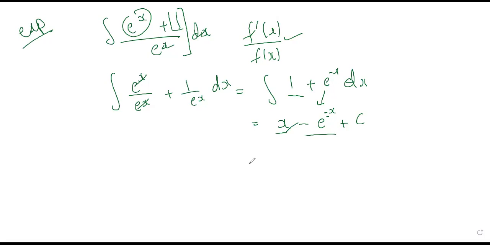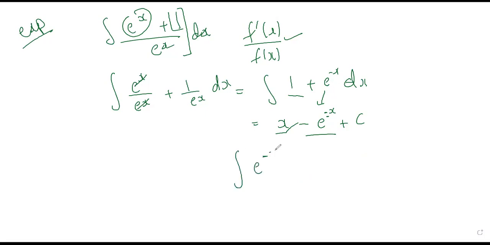Do you understand this now? The integral of e to the minus x dx, I would have e to the minus x as it is divided by minus 1. Do you understand this part? The integral of e to the minus x? I'll tell you.